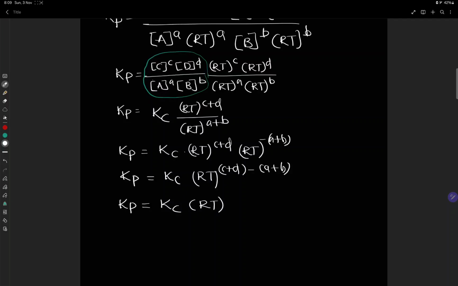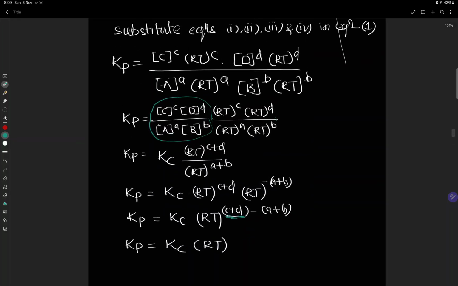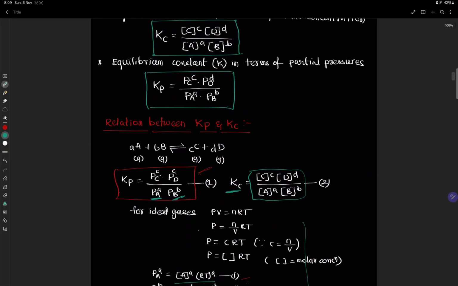What are C and D? C and D are the number of moles of gaseous products, and A and B are the number of moles of gaseous reactants.